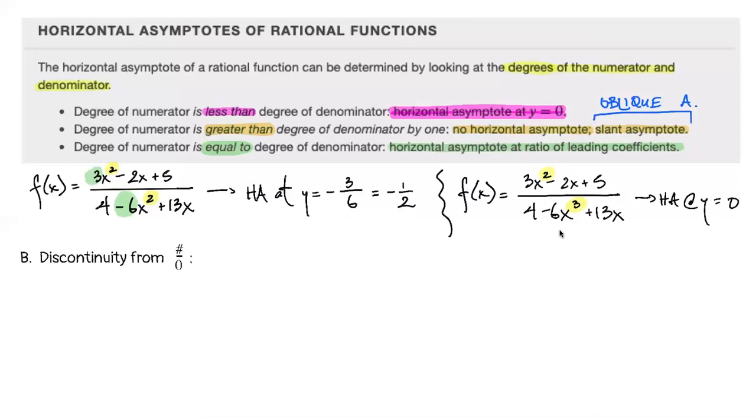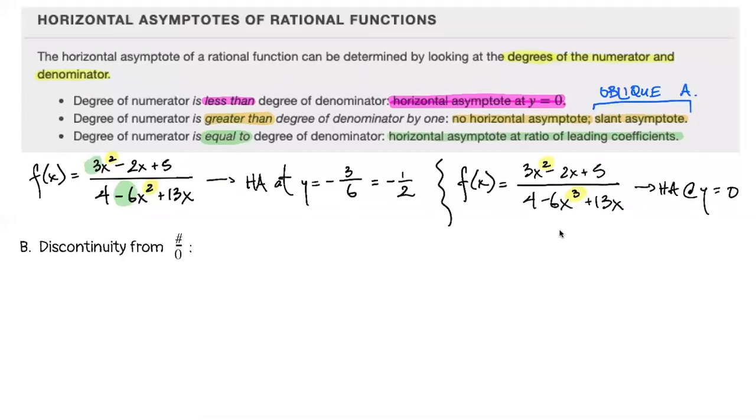Okay. And the other option, and there's a lot of options, is that we could get rid of the 3x squared on the top. So keep everything else, but just get rid of that highest power. And now when we compare the powers, I've got a power of 1 on the top and a power of 2 on the bottom.